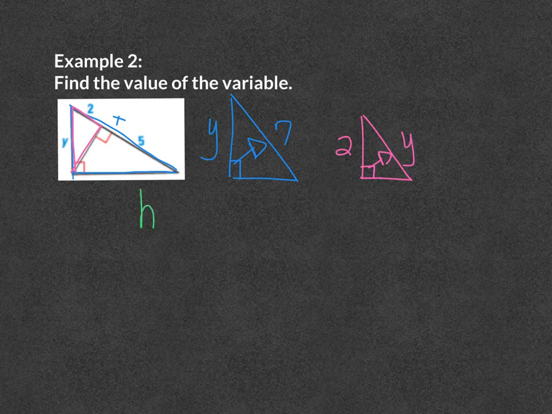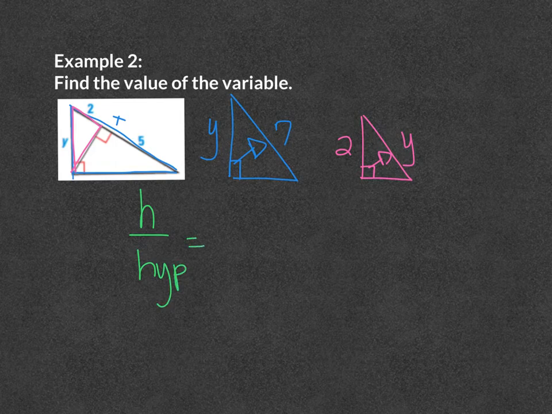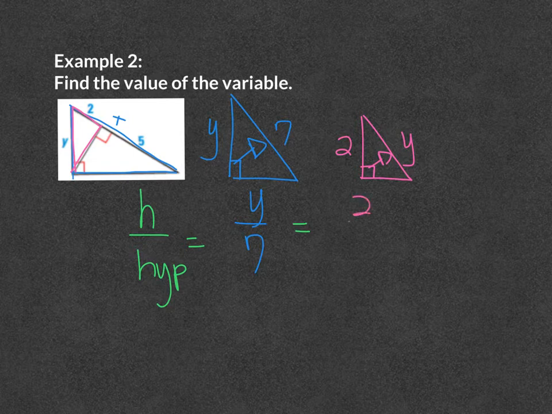It's going to be my height over my hypotenuse. Now for the blue triangle, my height is y over the hypotenuse, which is 7. It's going to be equal to the height of the pink triangle, which is 2, over the hypotenuse, which is y. I'm going to cross multiply.